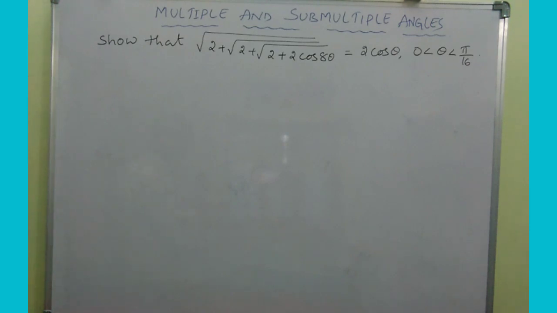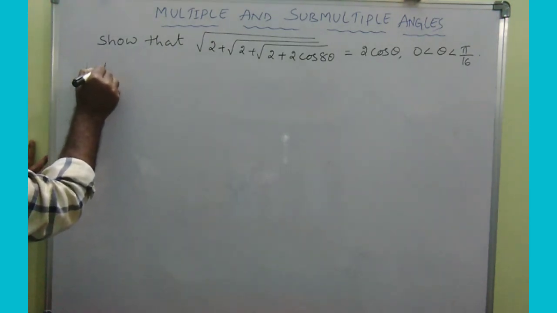Show that root of 2 plus root of 2 plus root of 2 plus 2 cos 8 theta is equal to 2 cos theta, where theta lies between 0 to pi by 16.